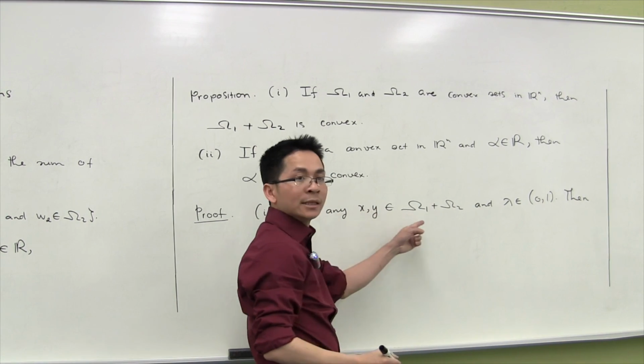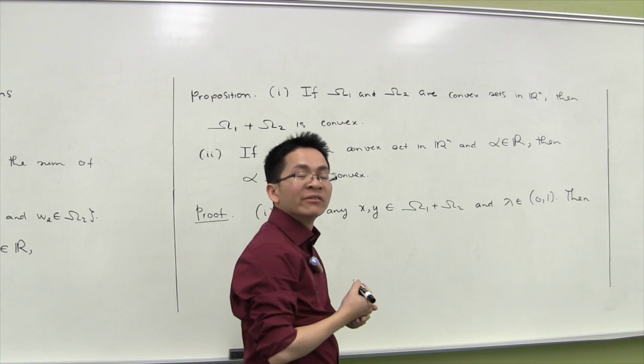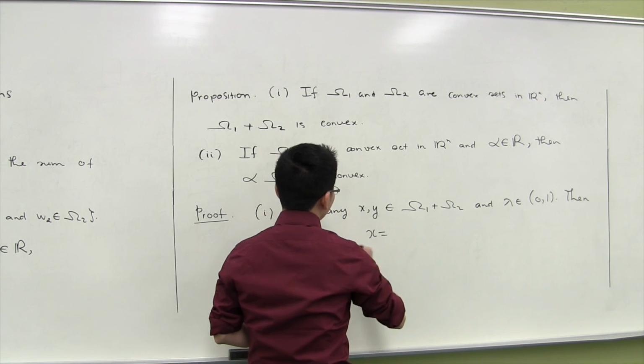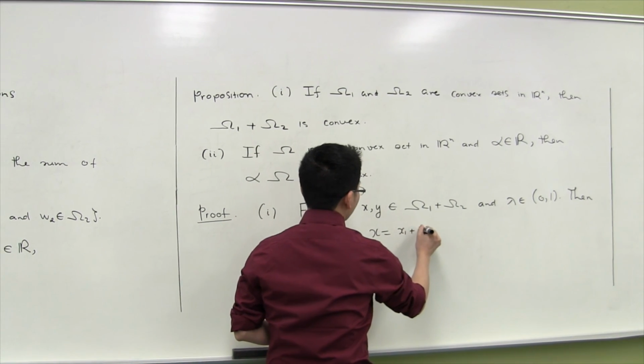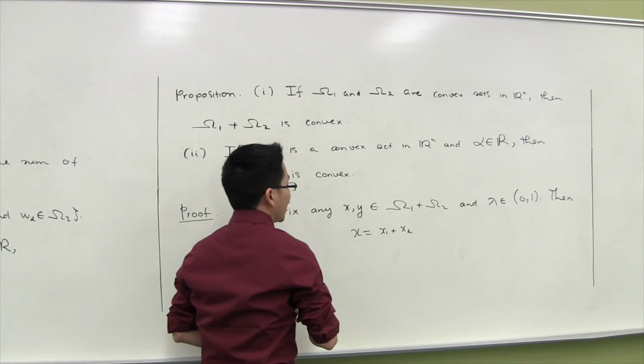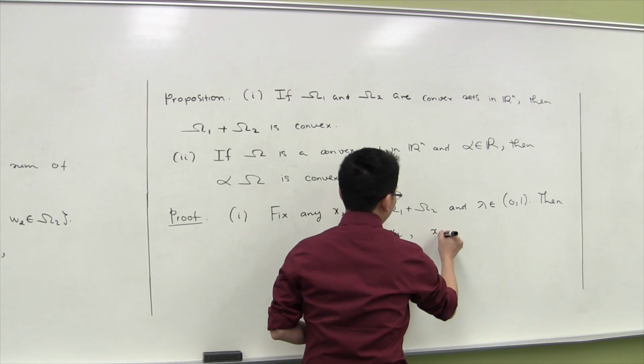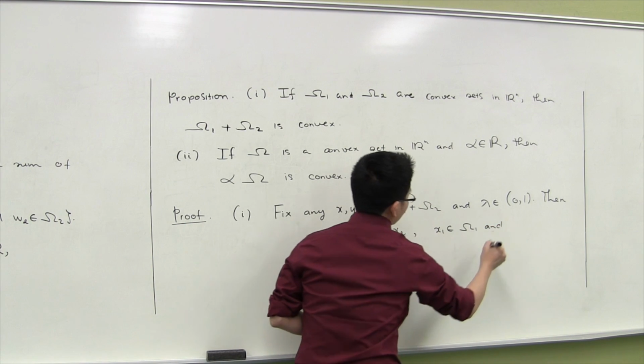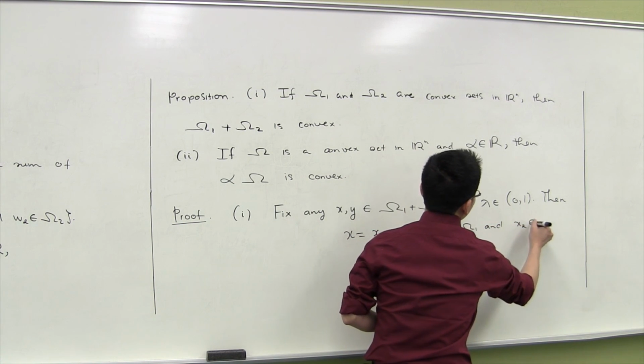Okay? Then, because x is in the sum of omega 1 and omega 2, x can be represented as x1 plus x2, where x1 is in omega 1 and x2 is in omega 2.